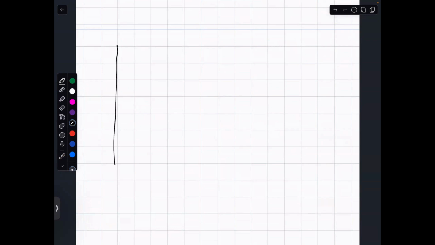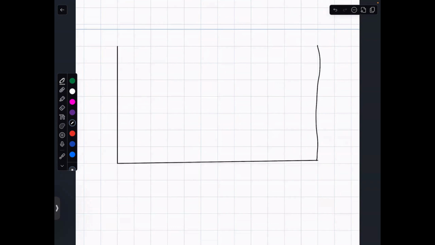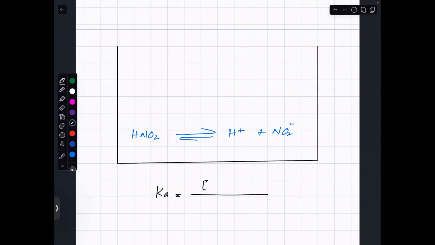This was your HNO2. That was ionized partially. Agree. The K expression is H plus, the conjugate base, over HNO2.